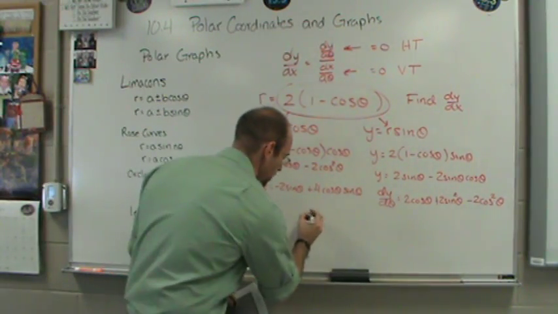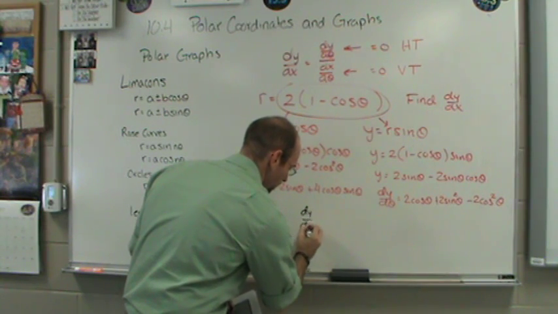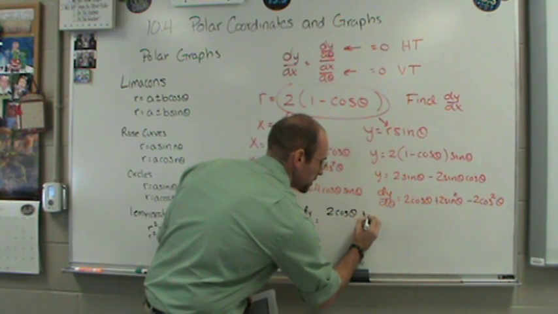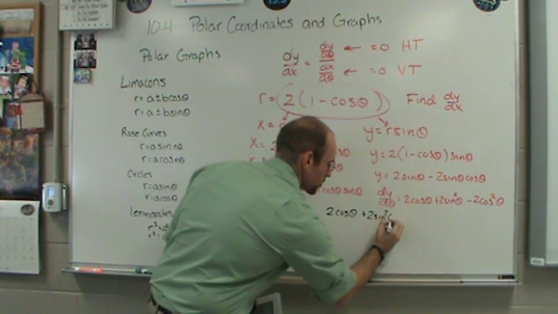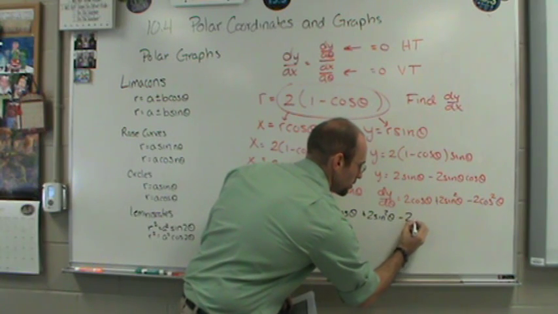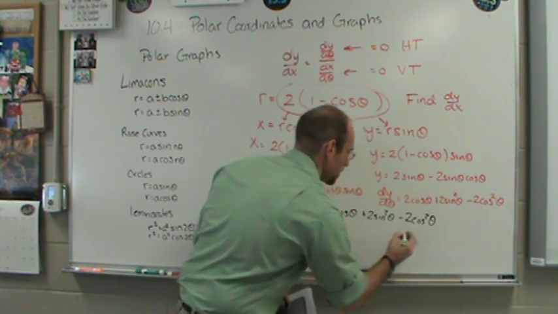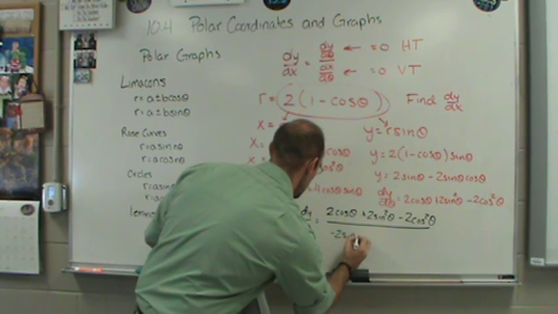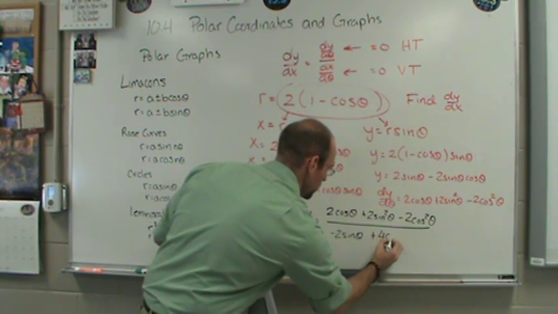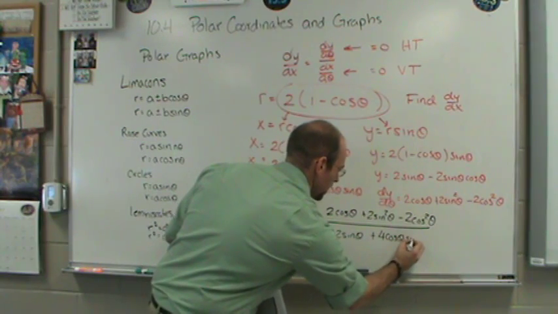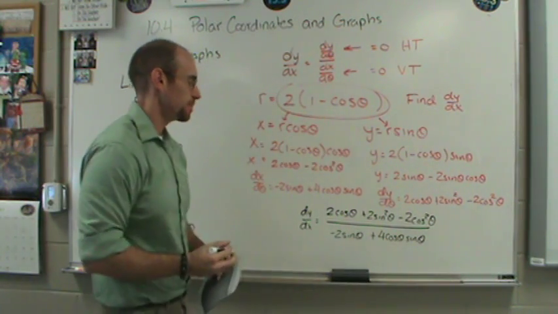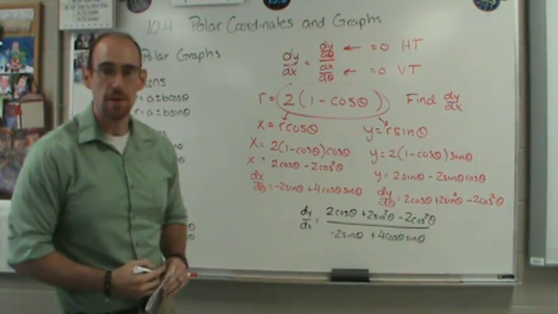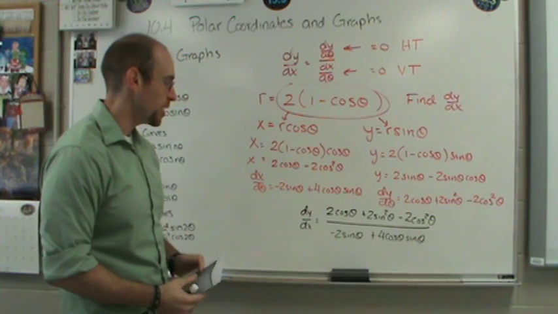So our dy over dx is going to equal 2 cosine of theta plus 2 sine squared theta minus 2 cosine squared theta, all over negative 2 sine theta plus 4 cosine theta sine theta. Ooh. So this would end up being our derivative for this polar equation.